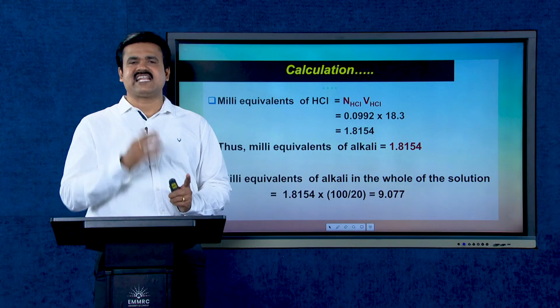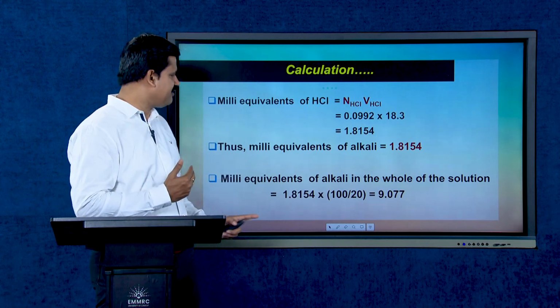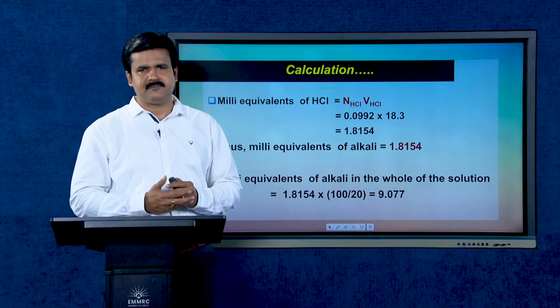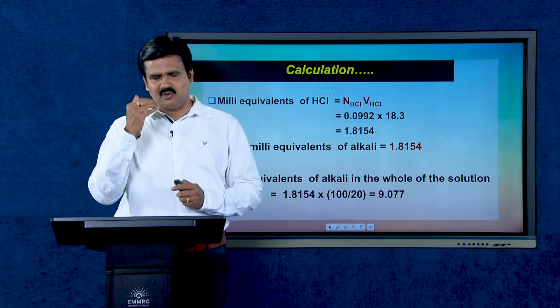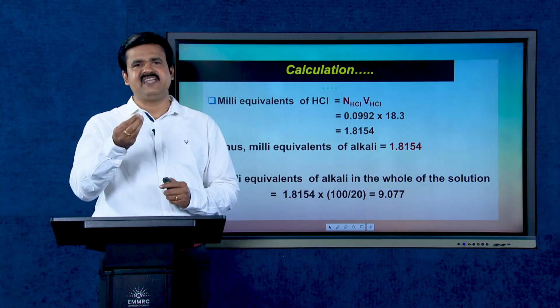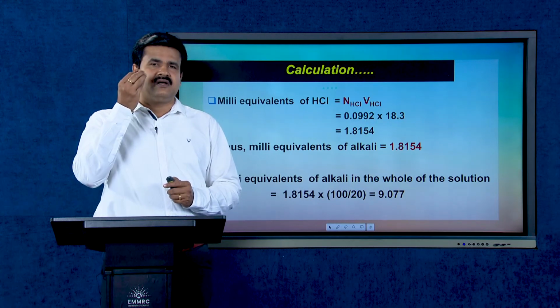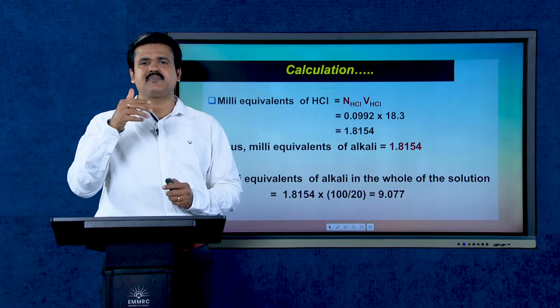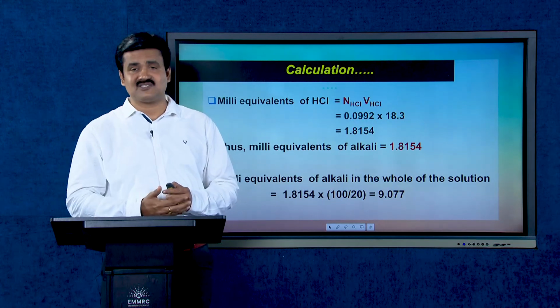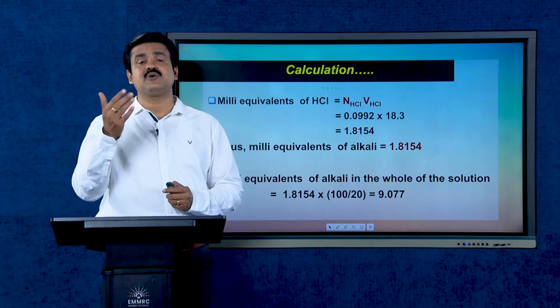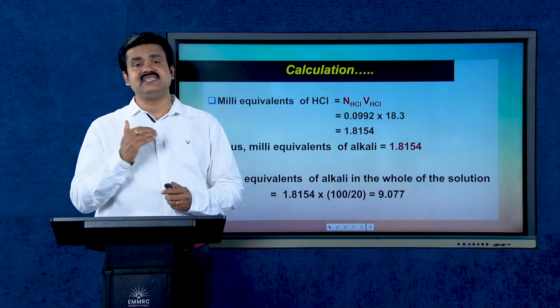Now, the question arises, why we have to multiply with 100 by 20? Remember, the weighed out antacid tablet is converted into a 100 ml solution, from which you are pipetting out only 20 ml.